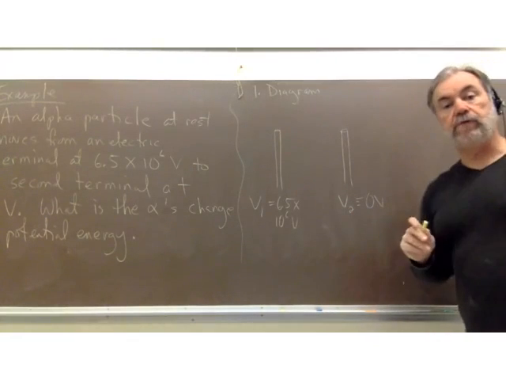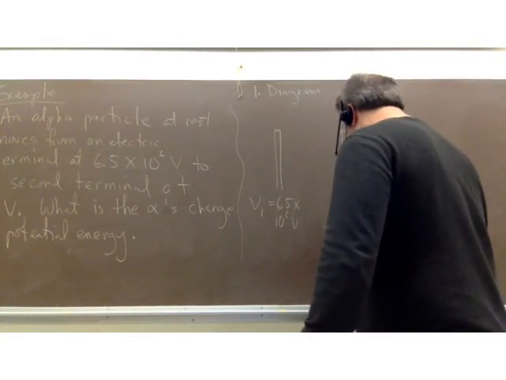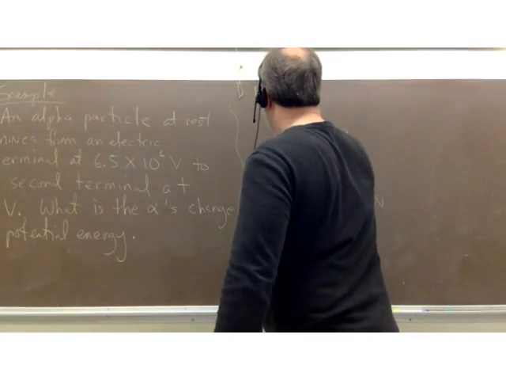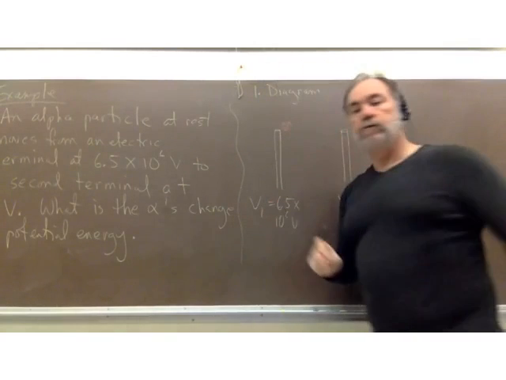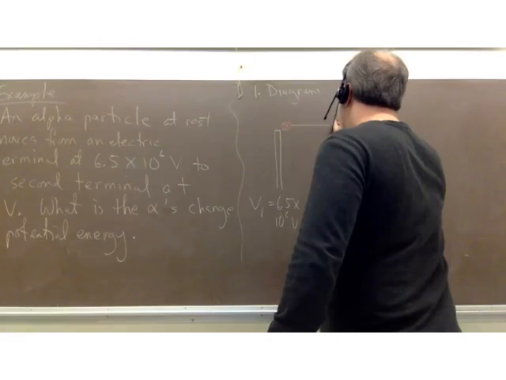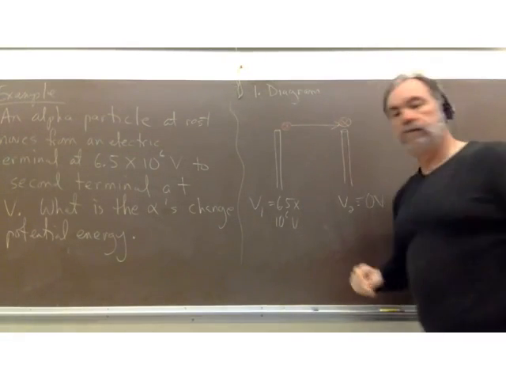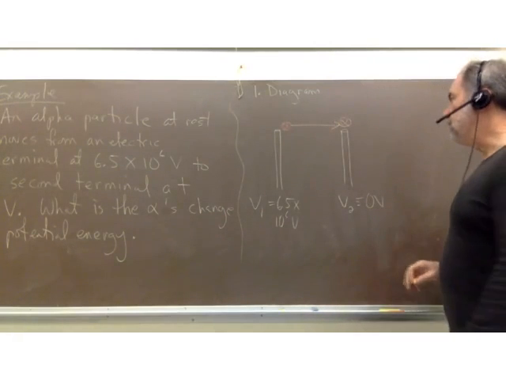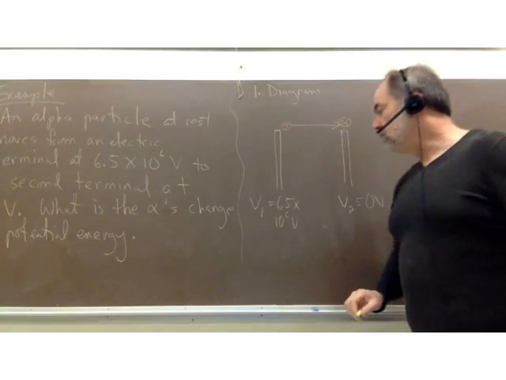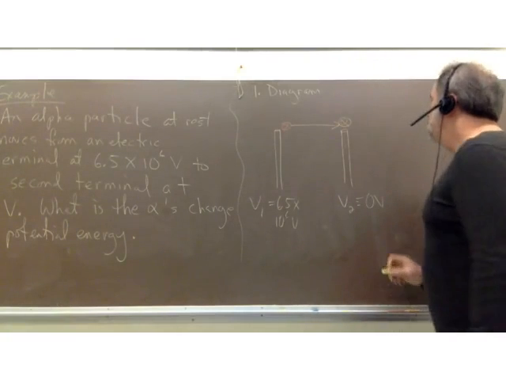Again, we could have defined our 0 anywhere else we wanted to, but this is convenient, so we'll choose it. And then our alpha particle, two protons plus 2 neutrons, starts at rest, goes over here, ends up here. That's an alpha, letter alpha inside that circle. And so, what's the corresponding change of potential energy?